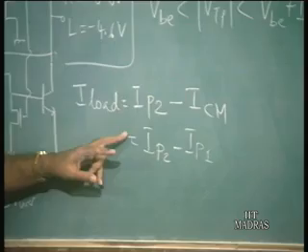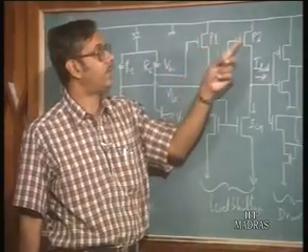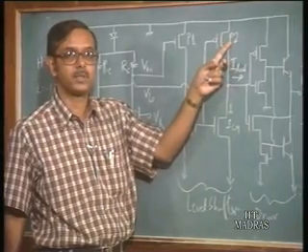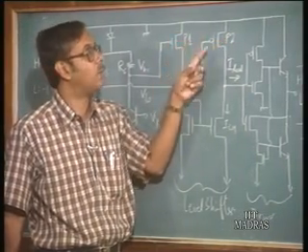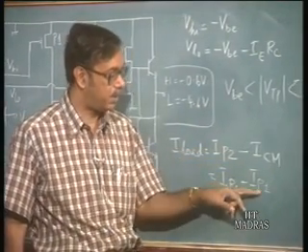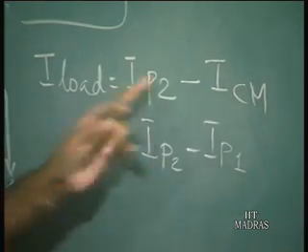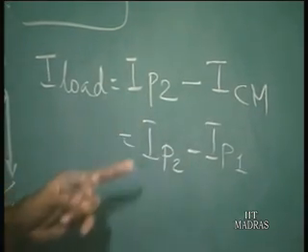Now, as we have already said, there can be two possible cases, that is either P1 on and P2 off, or P1 off and P2 on. In one case, if P2 is on and P1 is off, this I load is going to be positive, and in the other case, if P1 is on and P2 is off, I load is going to be negative.